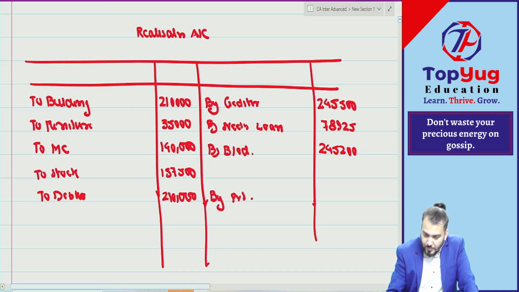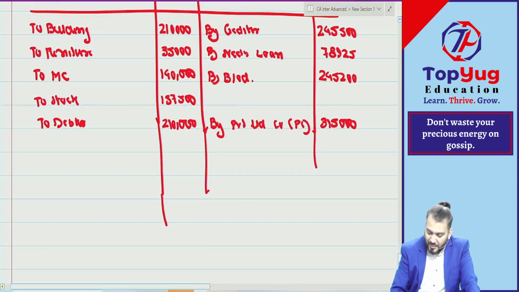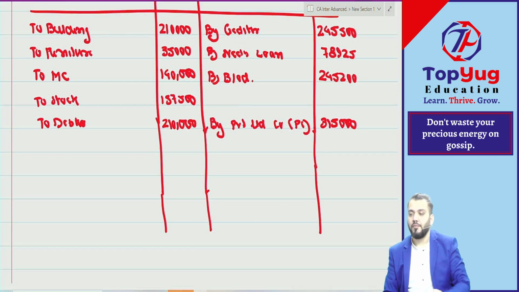Then we write down by private limited company with the amount of PC. PC is given how much? 3,15,000. And the realization expense is given, but it is borne by Nil. It will not come. Correct now.